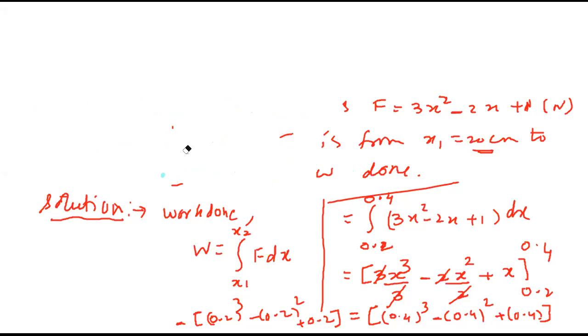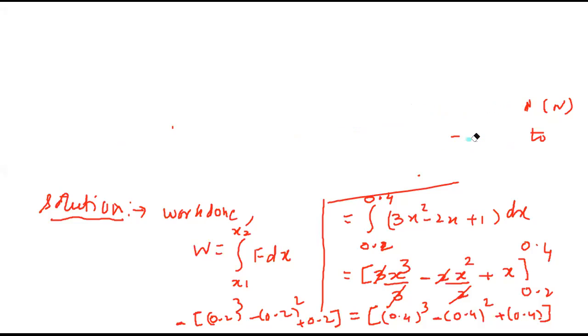Yes, sir. Two more lines, then we'll come to the end of this numerical. This equals 0.4 cube. What is 4 cube? 64.